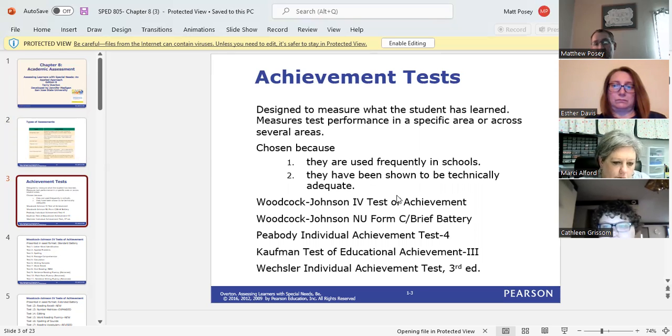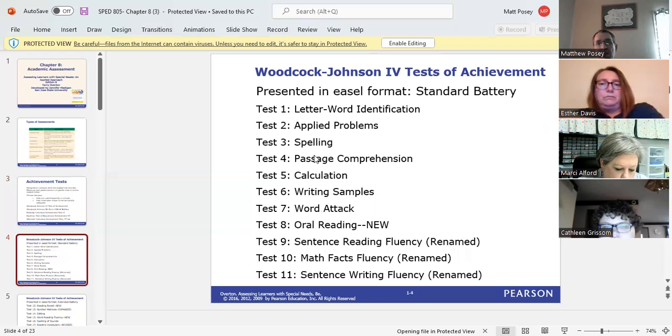That's a commonly used assessment or battery that we use in determining initial placement or reevaluations. You have the Peabody, often referred to as the PIAT, the Kaufman Test of Educational Achievement, and the WISC or the Wechsler is another common one. So those are some common terms that you may hear.